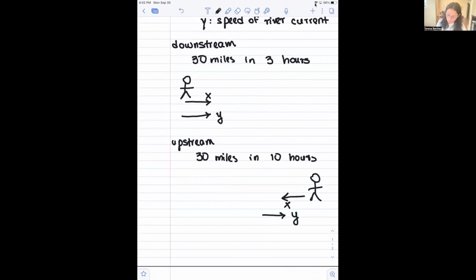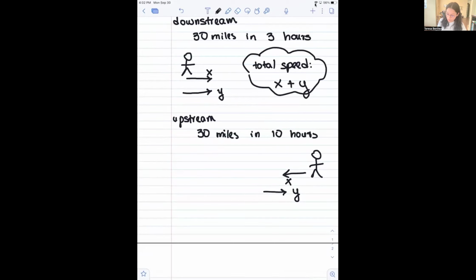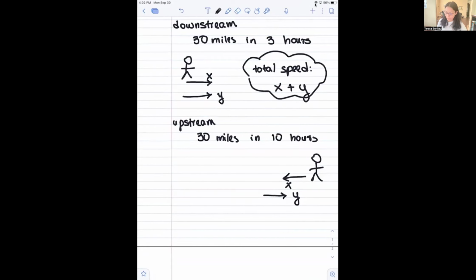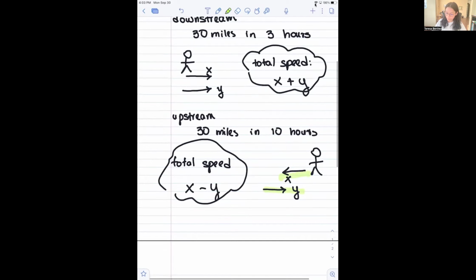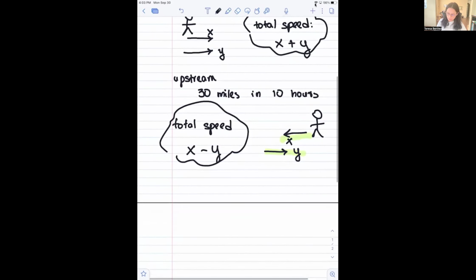So the total speed of my system here is x plus y for downstream, versus the total speed in the direction that he's traveling, which is x minus y. X minus y, because I have x moving in that direction, and I'm subtracting this speed that's working against me.